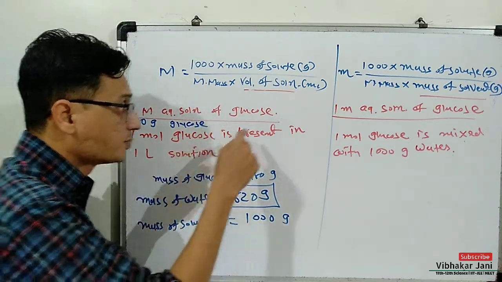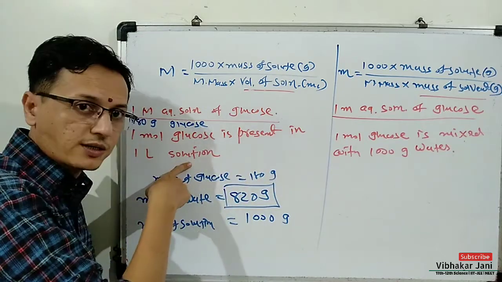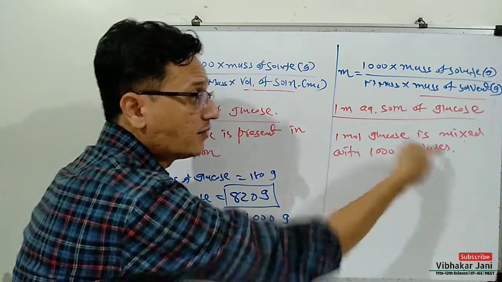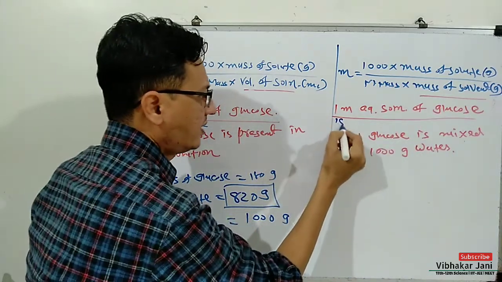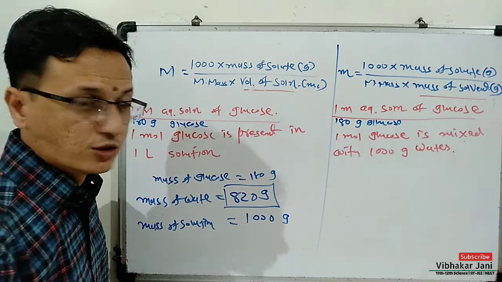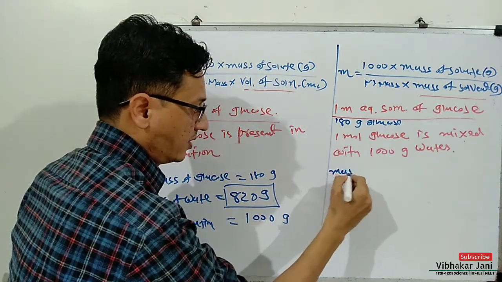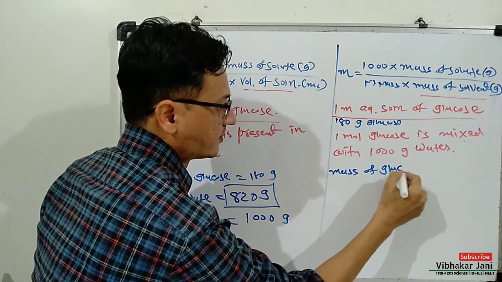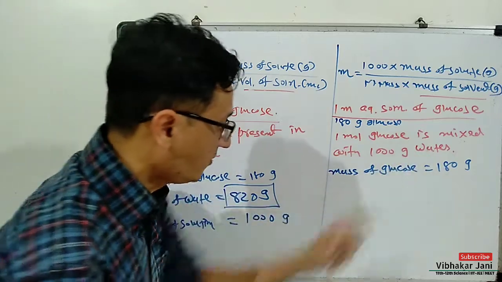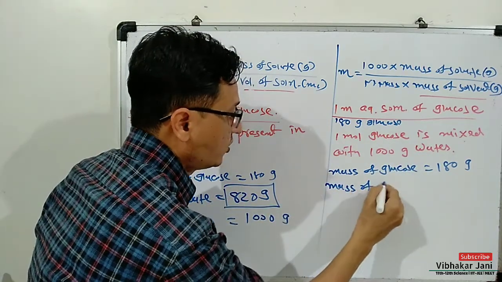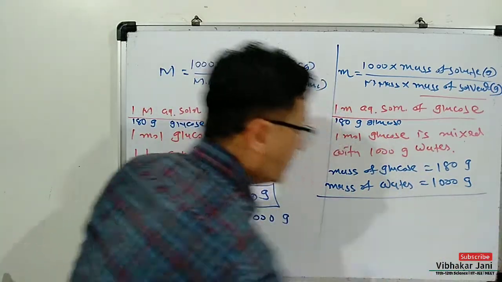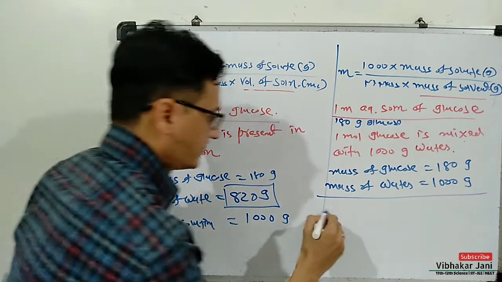Here 1 mole glucose is present in 1 liter solution, but here I have written 1 mole glucose is mixed with 1000 gram water, or you can also write it as 180 gram glucose is mixed with 1000 gram water. So here we have the mass of glucose equal to 180 gram and 1000 gram water, that means the mass of water is 1000 gram.